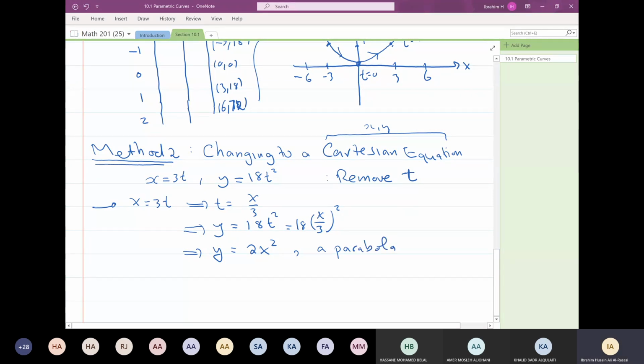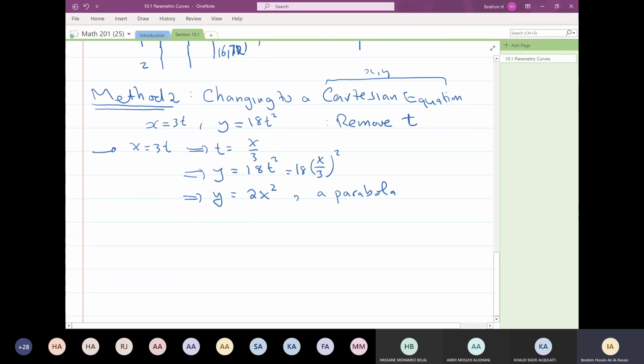At least now I know that the graph of the parametric equations is a parabola. Now, how to graph this parabola? It is a familiar curve, right? So this is the graph without any points, because we know the general graph. This is the equation, and this is the graph.